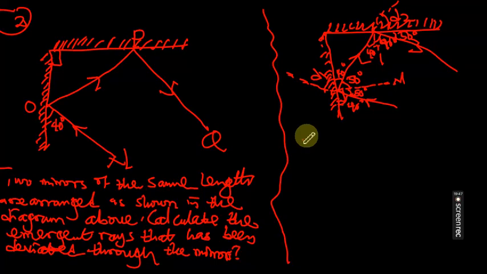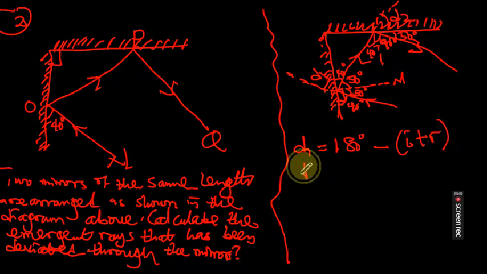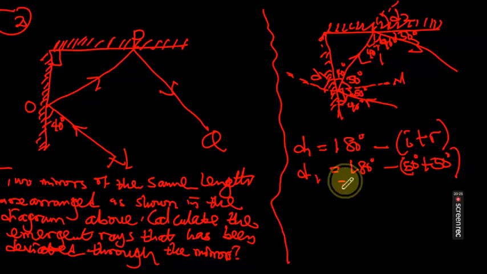So if I want to calculate deviation 1, D1, the first deviation is going to be 180 degrees minus the angle of incidence plus the angle of reflection. Angle of incidence and angle of reflection are the same, so you have 50 degrees plus another 50 degrees. That means 180 degrees minus 100 degrees.